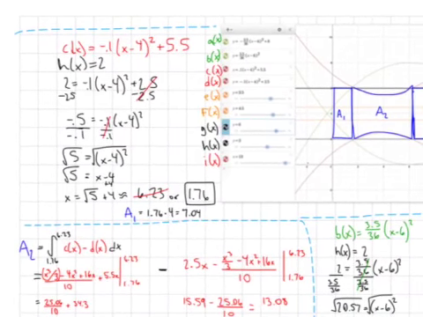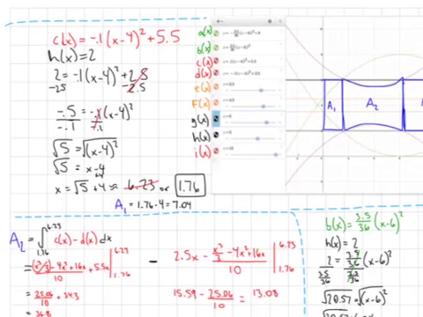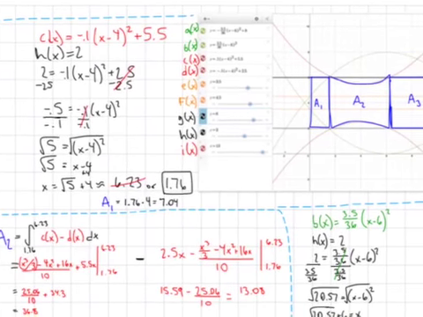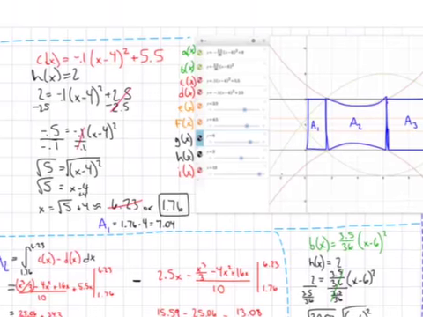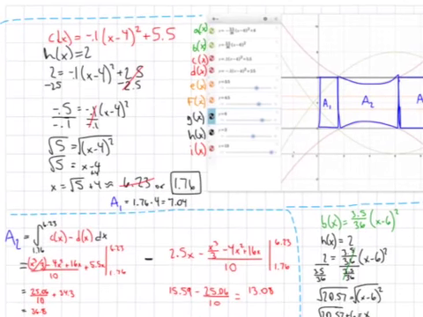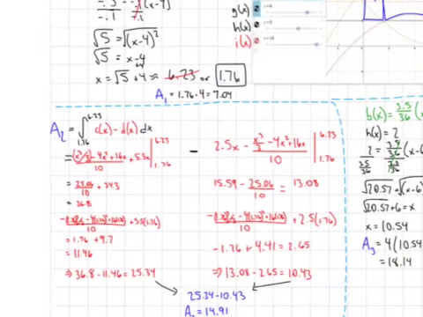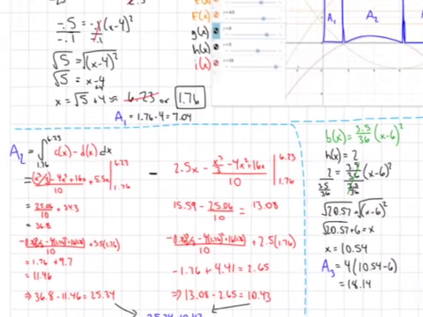Here's the math. First I had to find out where the parabolas met the other lines, and I had to set functions equal to each other, as you can see here, to find where each section ended. And after I found where they met, I was able to use calculus and integrals to find the area of each section.